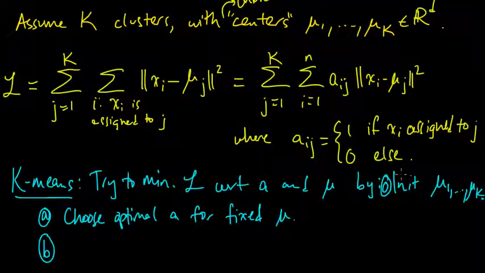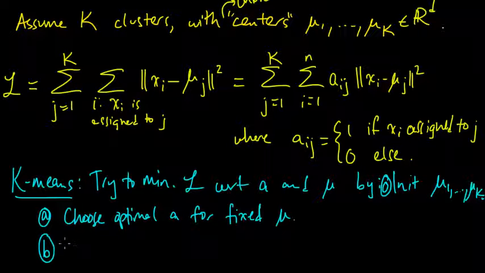Just choose them arbitrarily. There are certain variations of k-means that choose these in different ways, but let's say for now, just choose them all to be random distinct points from the data set. So the first step is choose the optimal assignment for fixed mu. So we have these mu's, we choose the optimal assignments, whatever that turns out to be. We'll come back to figure that out.